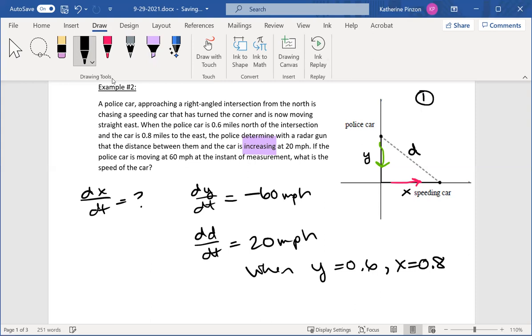So 1, draw a picture. 2, label known and unknown quantities. 3, do you remember what step 3 was from Monday? Find an equation using those variables, right? Let's use the Pythagorean theorem. This is a triangle.